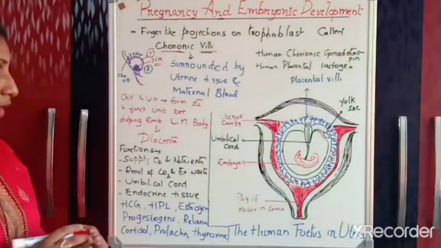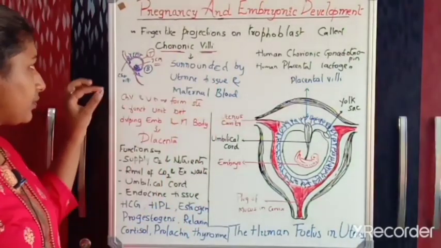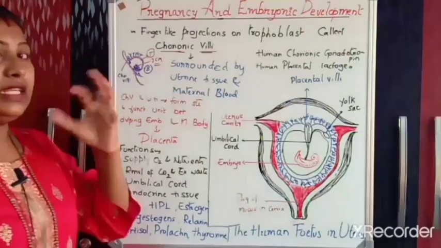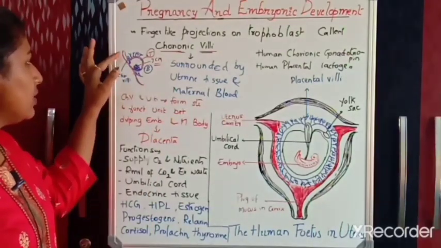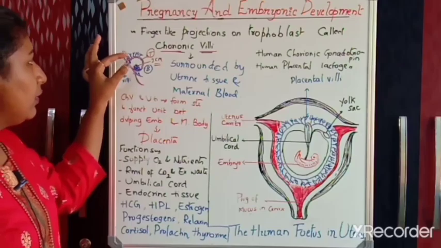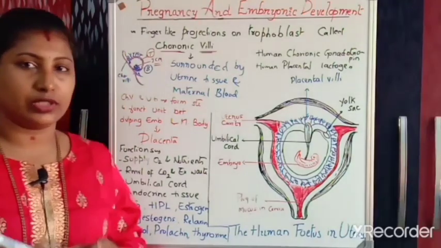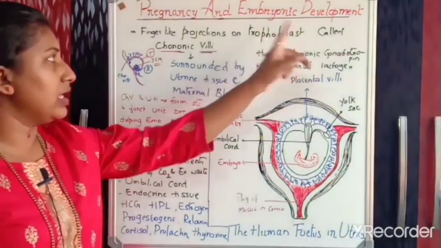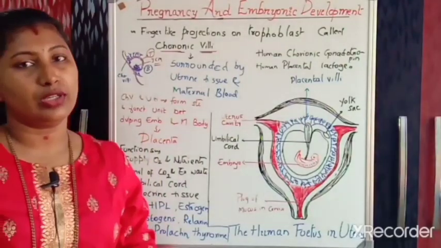Okay, this is important. What is chorionic villi? For the integration between blastocyst and endometrium, there is a rise of finger-like projections from the trophoblast, which is called chorionic villi.